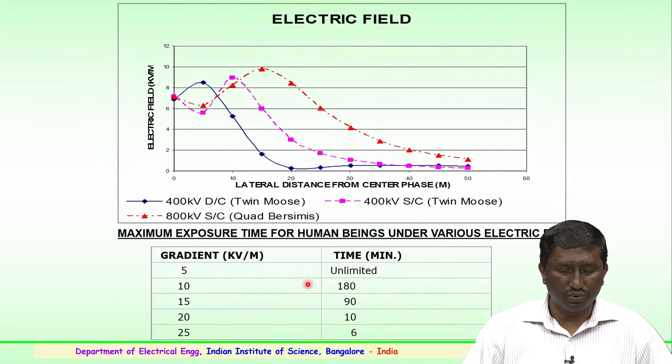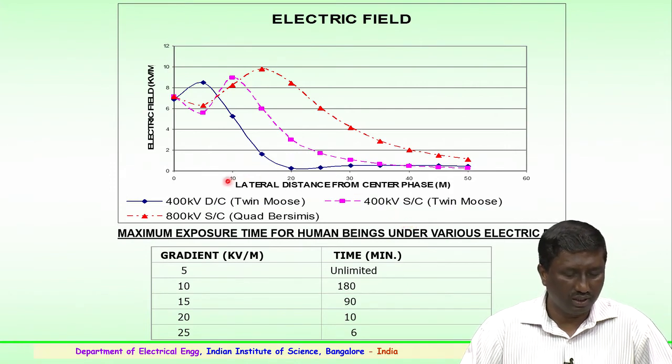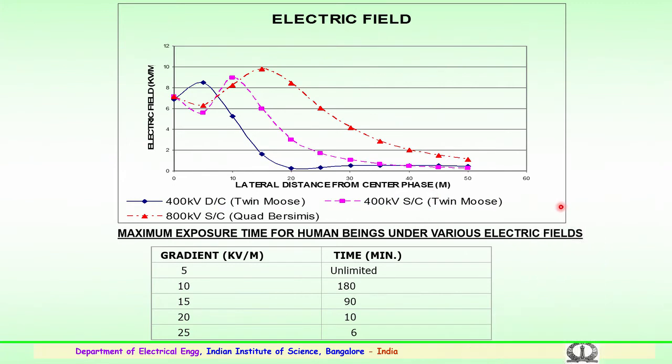The graph gives the electric field in kilovolt per meter versus the lateral distance from the center phase in meters.